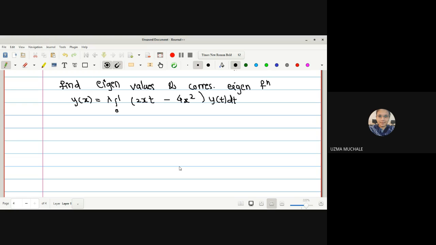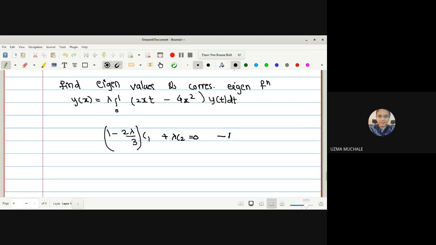The first equation is 1 minus 2 lambda by 3 into C1 plus lambda C2 is equal to 0. This is the first equation we got. And the second one is lambda C1 plus 4 lambda by 3 plus 1 into C2 equal to 0. For those who haven't written this, or don't get the answer, I am writing it: 1 minus 2 lambda upon 3 into C1 plus lambda C2 is equal to 0.